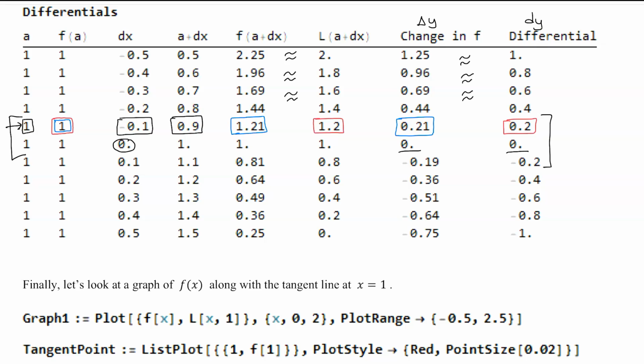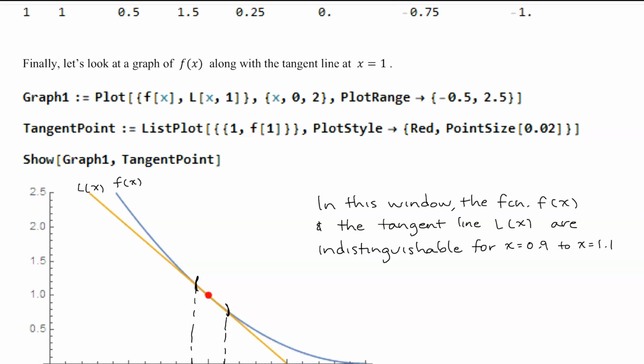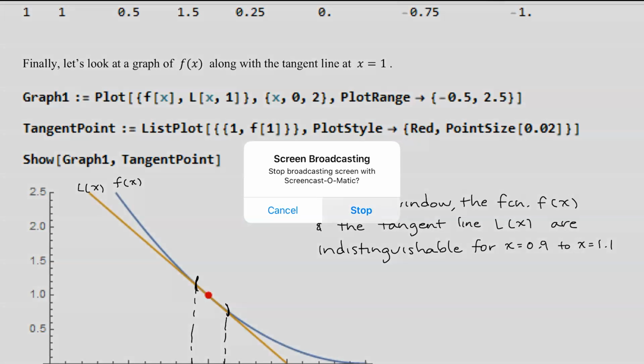Okay, but basically that is these rows of the table. Right, basically these three rows where my delta x is between negative 0.1 and 0.1, or my x values are between 0.9 and 1.1. Graphically, in the window I have here, I cannot tell the difference between the tangent line and the function over that x interval.